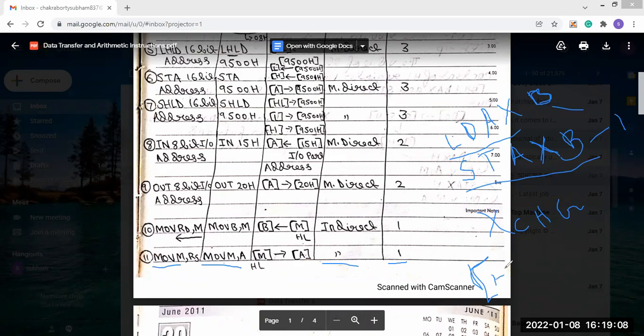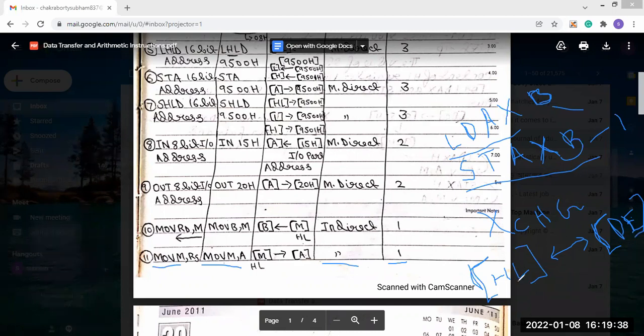That means the content of the DE register pair will go to the HL register pair, and the content of the HL register pair will go to the DE register pair. Like this it will happen.